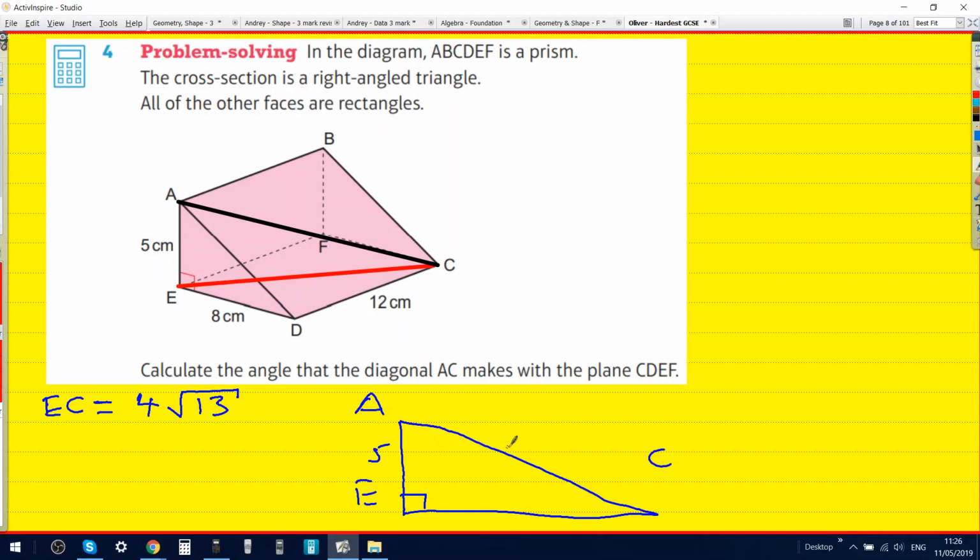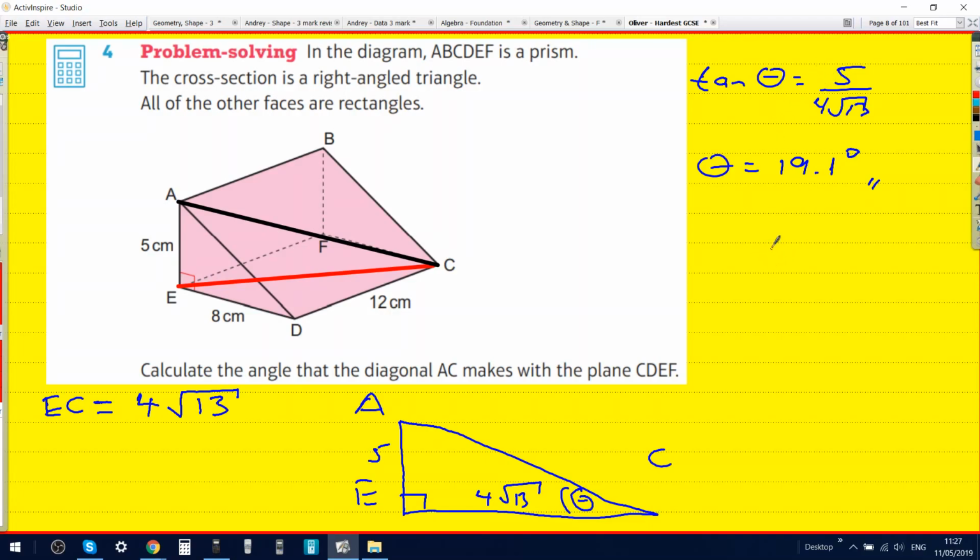So you do 5 over 4 root 13. And then reverse tan the answer, which gives you 19.12. 19.1 degrees, and that was the inverse tan of 5 over 4 root 13.